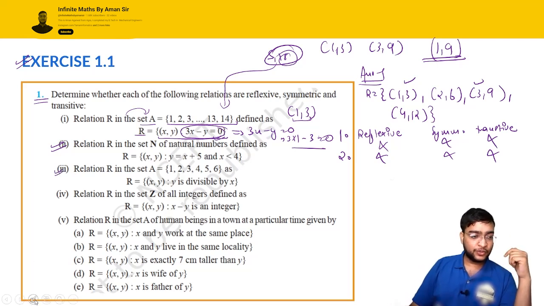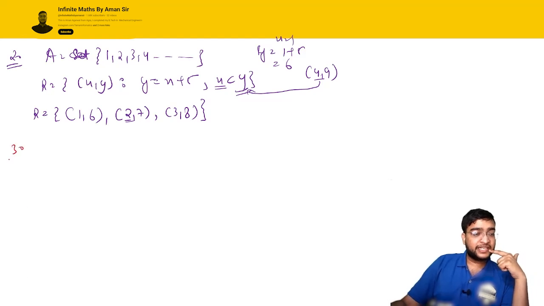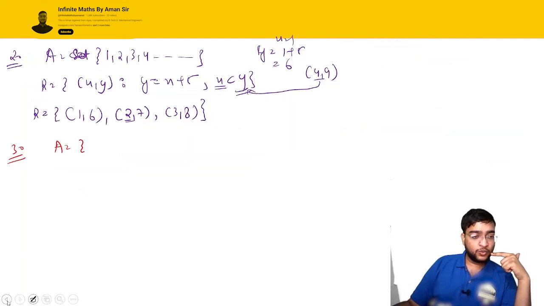That is very good. The set is 1, 2, 3 and so on, with x and y, where y is divisible by x here. I can take another pen and write the set here. The A set is 1, 2, 3, 4, 5 and 6.